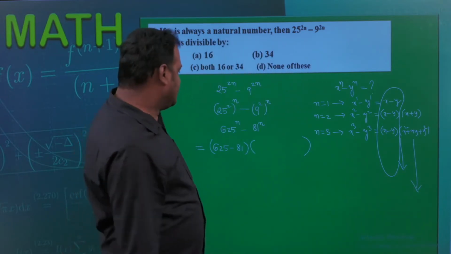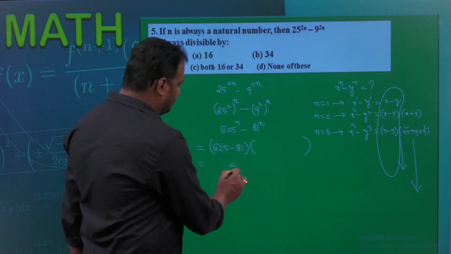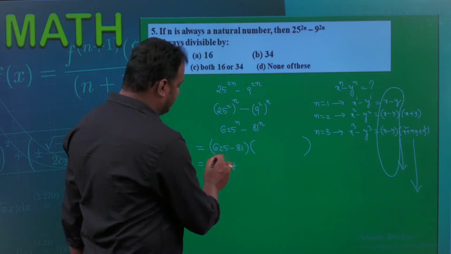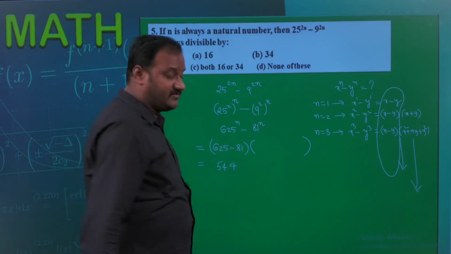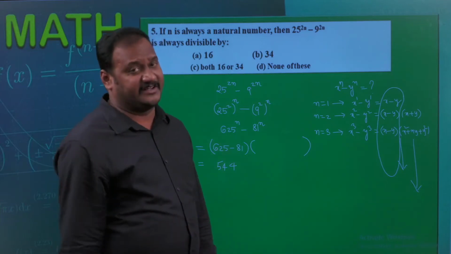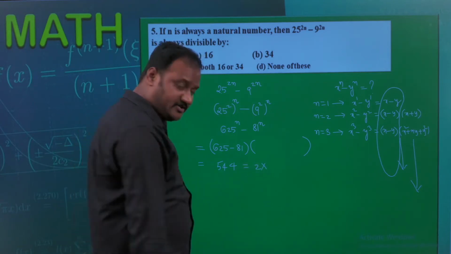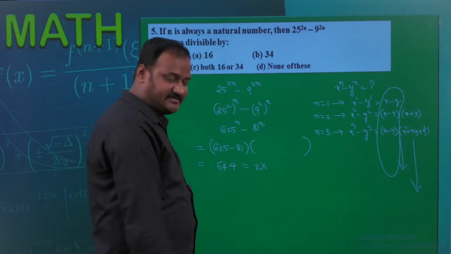Got it? So 625 minus 81 is equal to how much? 5 minus 1 equal to 4. 12 minus 8 is equal to 4. And I think it is 544. What are the factors of 544? I am going to write the factors. It is divisible by 2 because the last number is an even number.